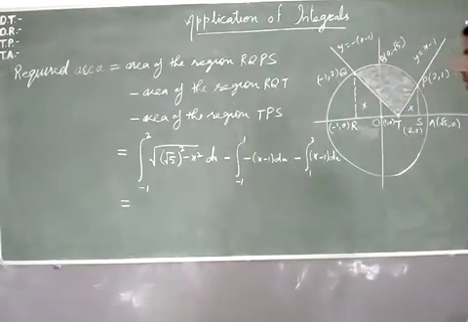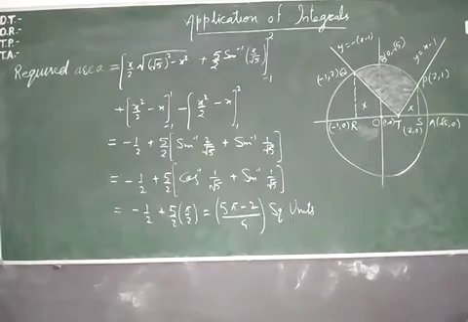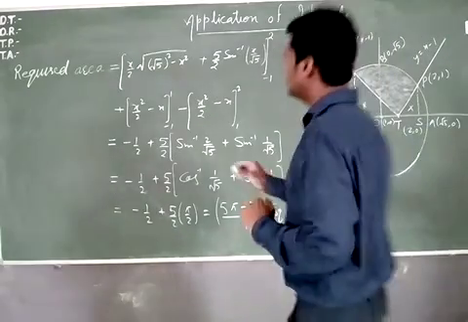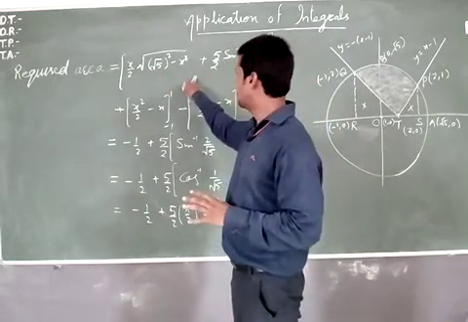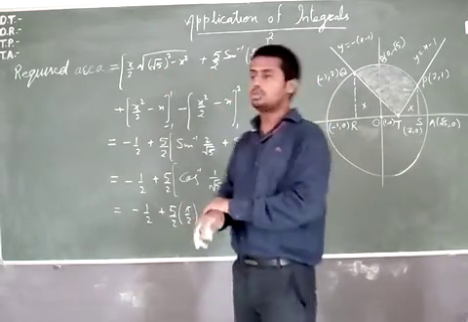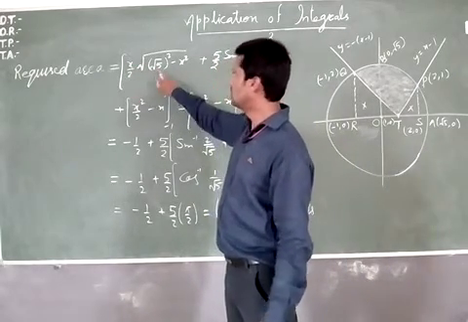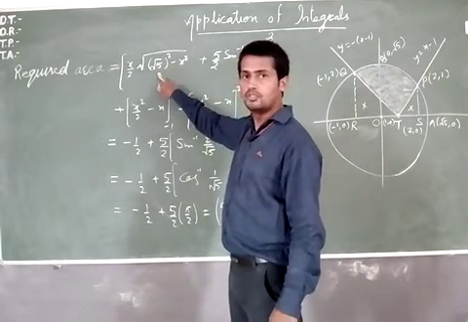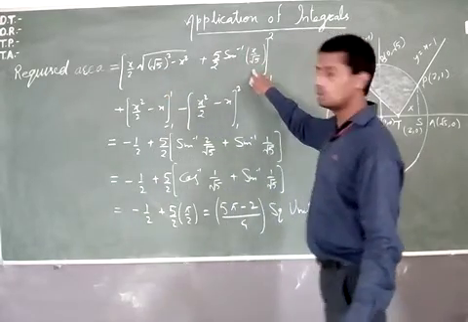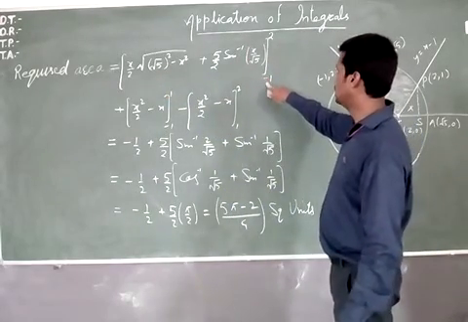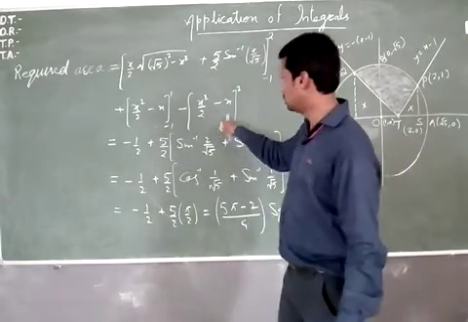Substituting a equal to root 5, we get x by 2 root of 5 minus x square plus 5 by 2 sin inverse x upon root 5 at the interval minus 1 to plus 2. Similarly, we can integrate the next two parts.